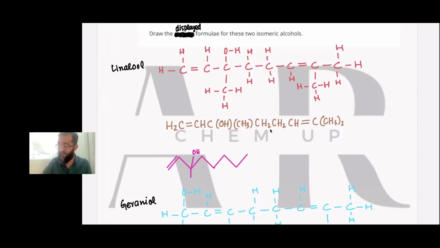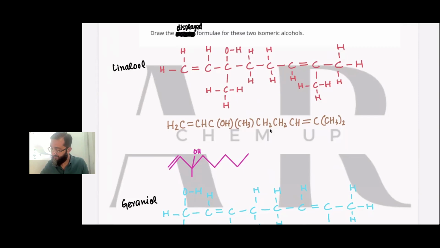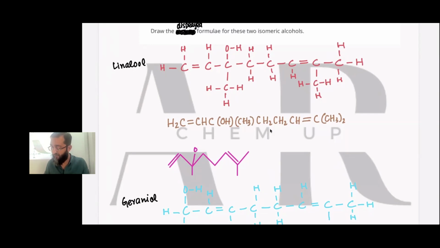Then 6 and 7 carbon has a double bond. If hydrogen is bonded to any other element, that is always written. Is this clear?